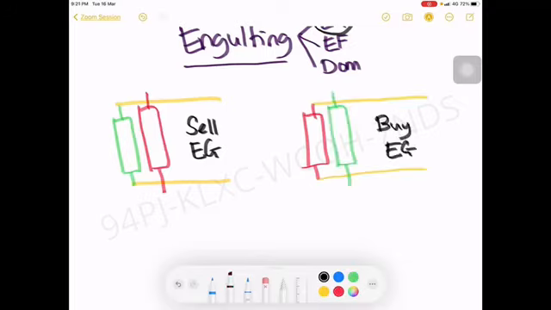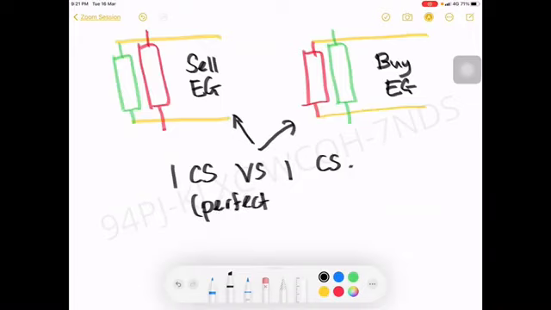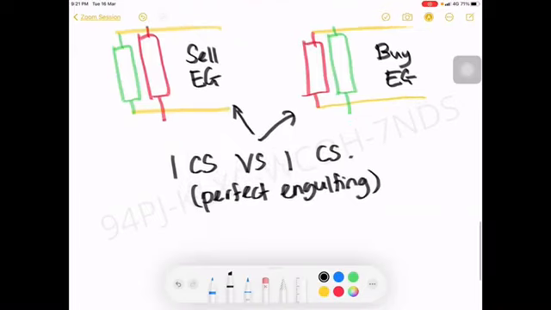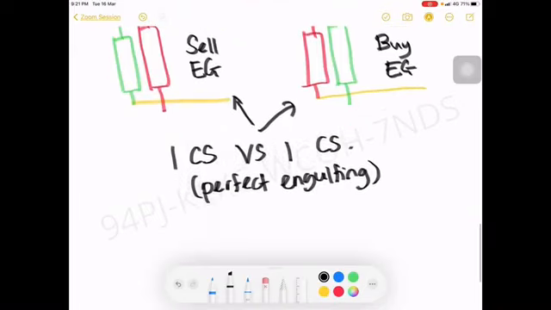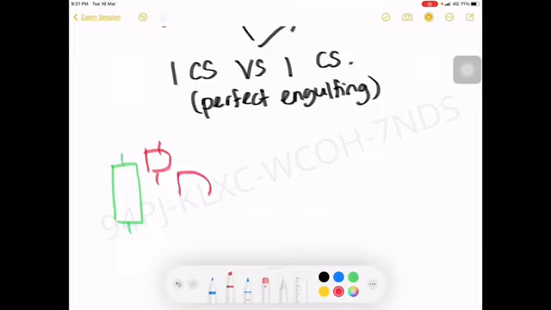It's gonna look like this. So we are going to mark this candlestick, this one. Okay, so you mark the candlestick, or what we call perfect engulfing.